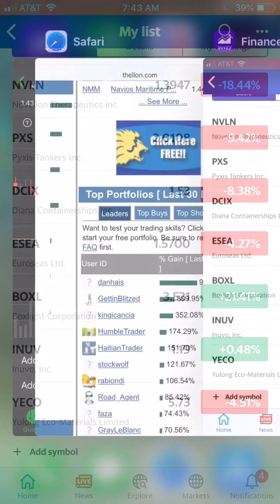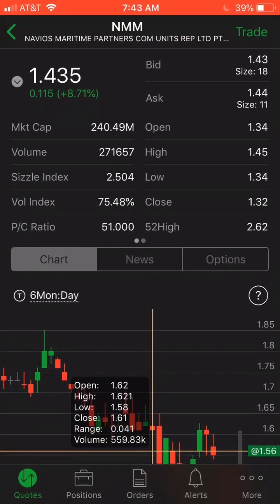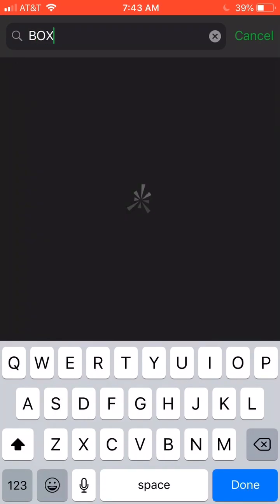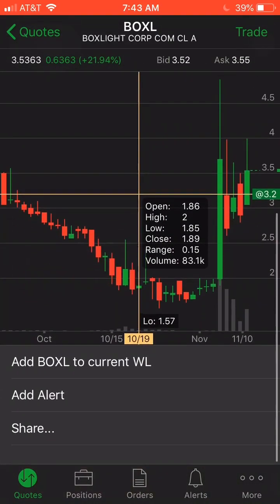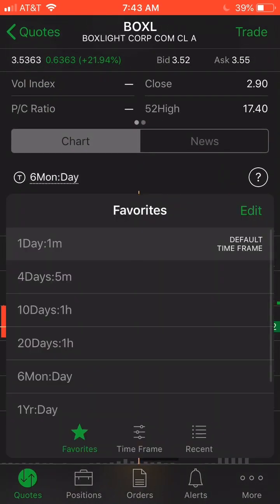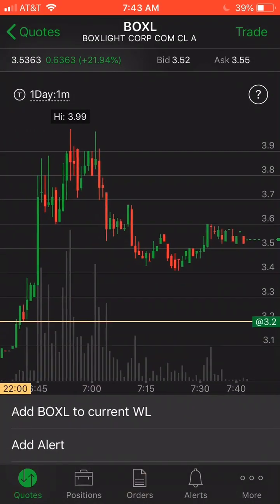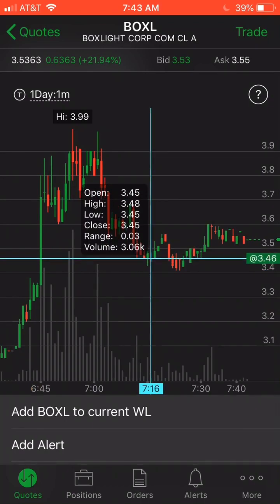Okay, and I'll just take another look at the daily chart of BOXL. So 1 day, 1 minute, just to see if some sort of support is forming.